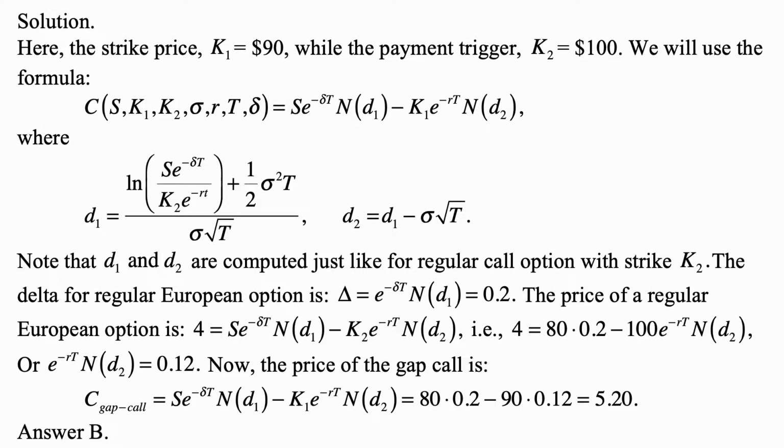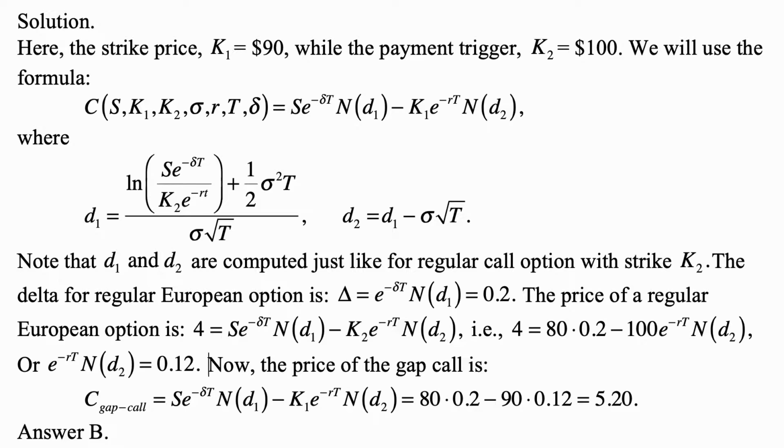So the strike price, K1, is 90, while the payment trigger is K2 equal to 100. The formula that gives the price of a gap call like that is very much like the Black-Scholes formula, but with some modification.